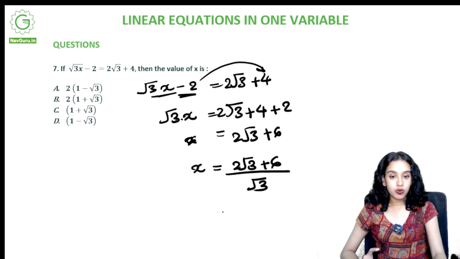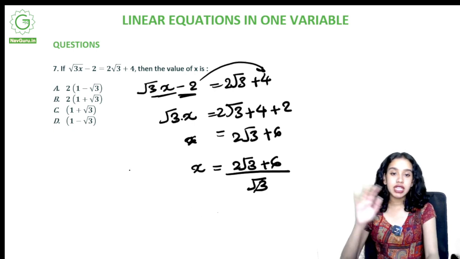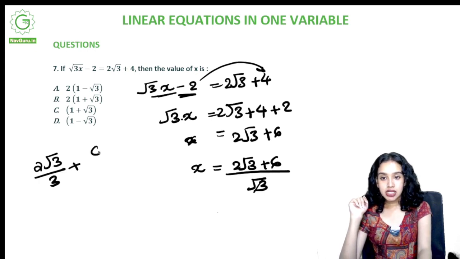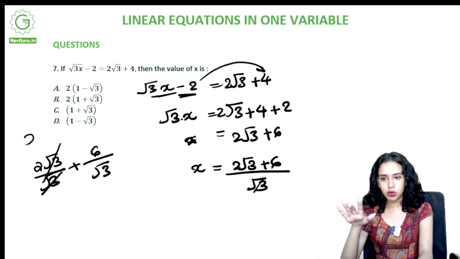So we could write it as, we could cancel out root 3. How are we cancelling out root 3 here? Let me explain that. We have 2 root 3 by root 3 plus 6 by root 3. So here it's easy: root 3 and root 3 would cancel out and we'll have 2 on this side.